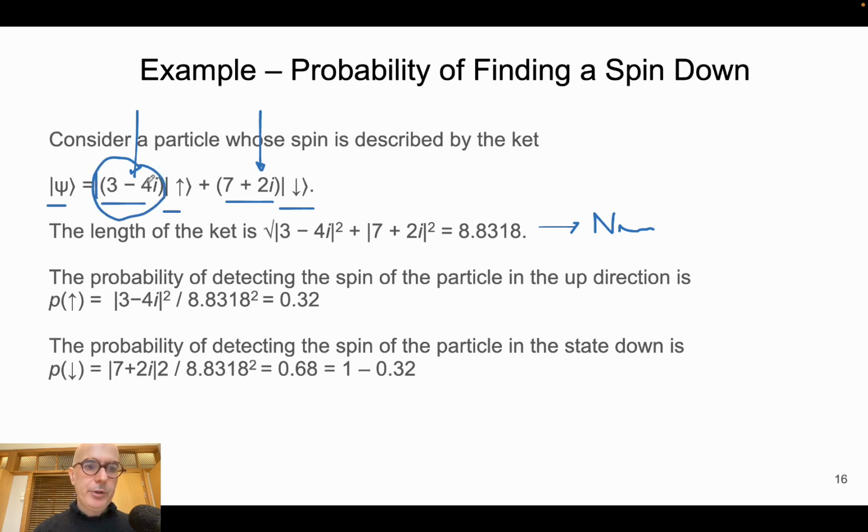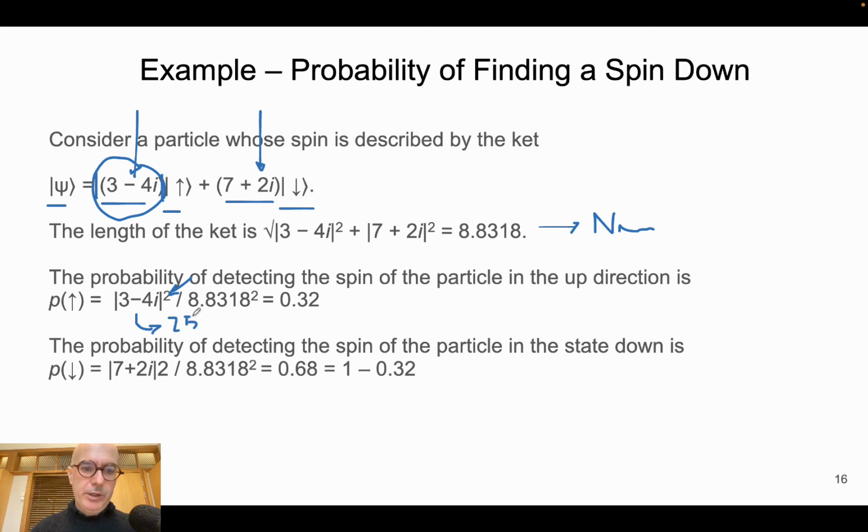I take the amplitude, so this is 3, squared, so it's 9, and then 4 squared is 16, so the sum is 25, and then we should take the square root, but then also we take the square of the square root, so this number is actually 25.